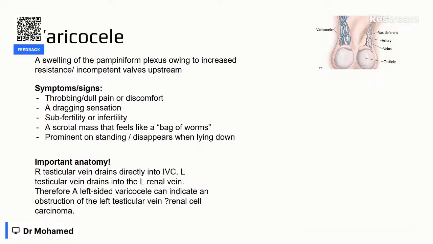An important one for MCQs, but also actually in real life, we do see this. Because of the way the right testicular vein drains into the inferior vena cava, and the left testicular vein drains into the left renal vein, if you're seeing a left-sided varicocele, that can be because you've got a blockage in the renal vein, and that's decreasing the outflow from the left testicular vein.